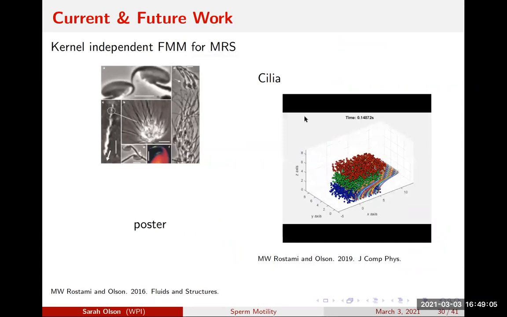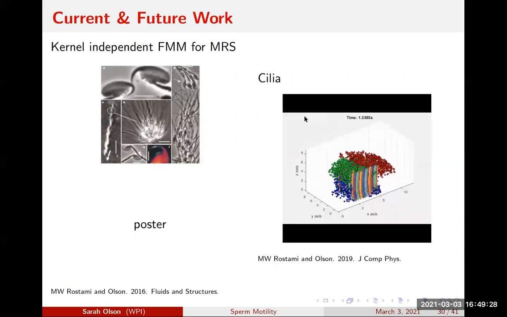But in my last minute or two, I just wanted to say, that was a little bit about some parameter estimation we're doing, but myself working with the former postdoc Ming Hao, we've thought a lot about different ways to come up with faster methods for large numbers of structures and points.